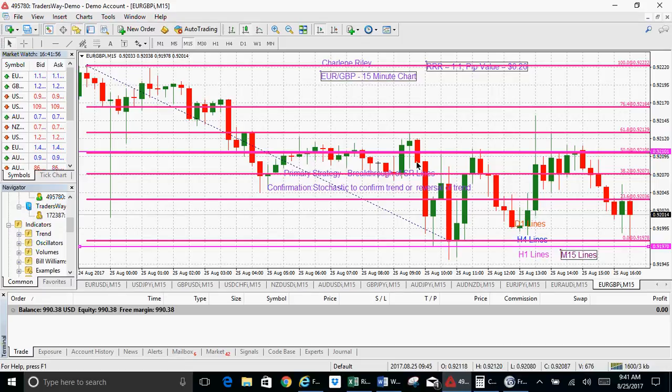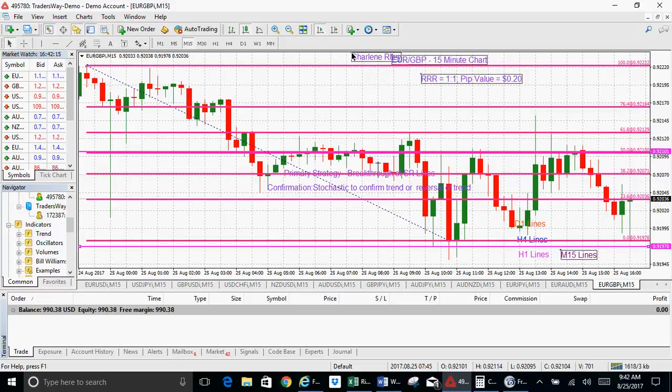Okay, and that's a good line right there. Okay, so we're good there. My risk-reward ratio is 1:1, and my pip value is 20 cents per pip.